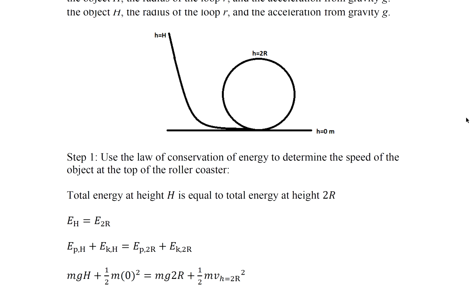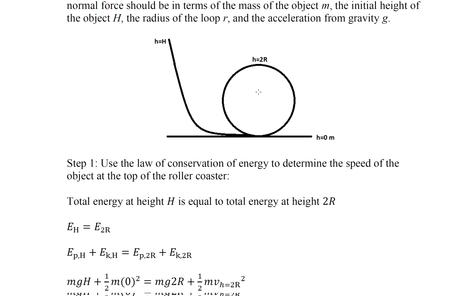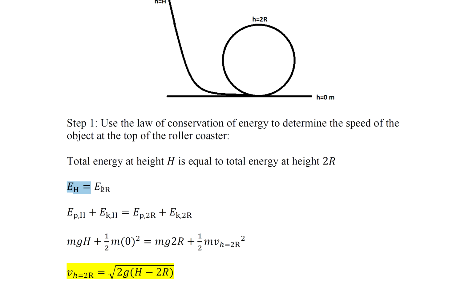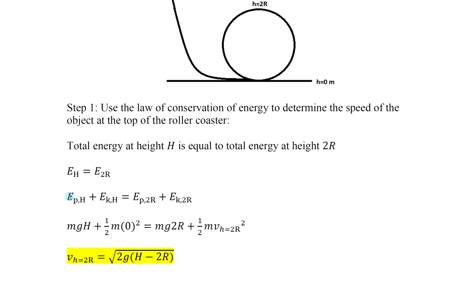So we're going to use the law of conservation of energy to determine the speed of the object at the top of the roller coaster. So the total energy at height big H is going to equal the total energy at a height of 2 times the radius. So at height big H, we have potential energy plus kinetic energy.